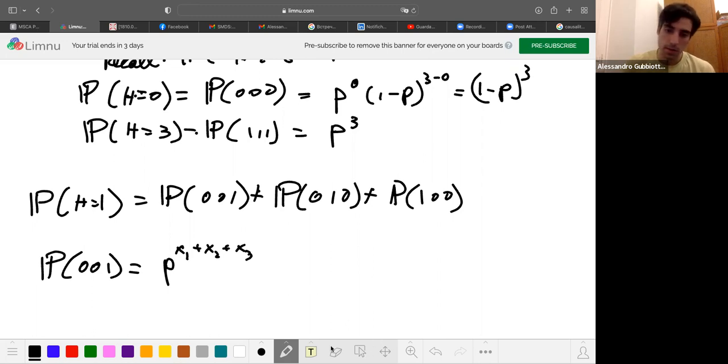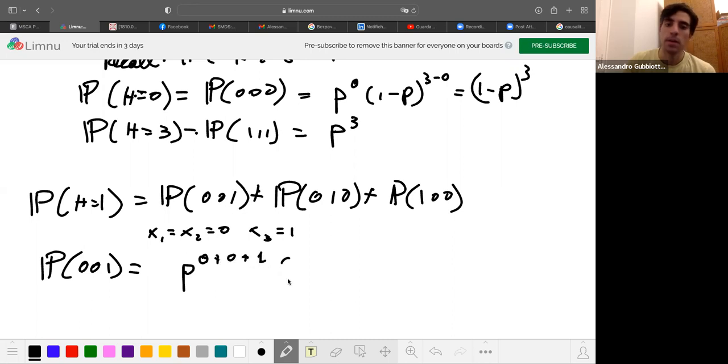Yes, now it works. Okay, we have to substitute x1 equal to x2 equal to 0 and x3 equal to 1. So this is equal to p to the power 0 plus 0 plus 1 times 1 minus p to the power 3 minus (0 plus 0 plus 1), which is equal to p times 1 minus p squared.